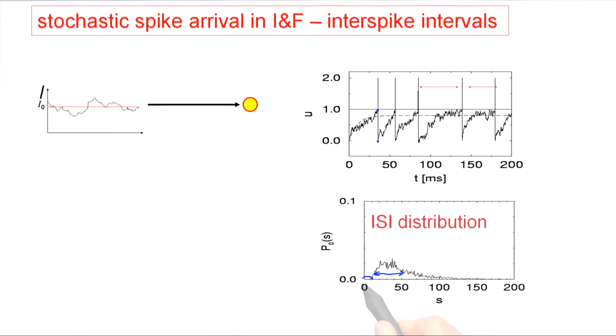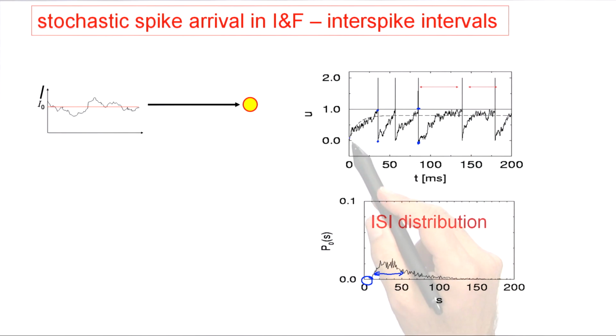Moreover, there are no intervals below, say, 2 or 3 milliseconds. And the reason is that once the membrane potential has been reset, it takes some time until the membrane potential is again close to threshold.